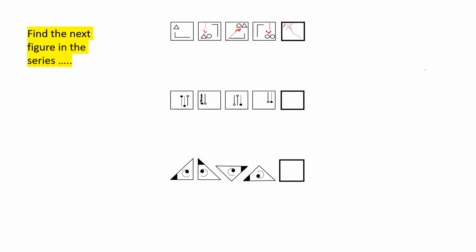So there will be two circles in there. Because the two figures must change places, but because they are both circles, we wouldn't know the difference in the exchange of position. So it will be two open circles.